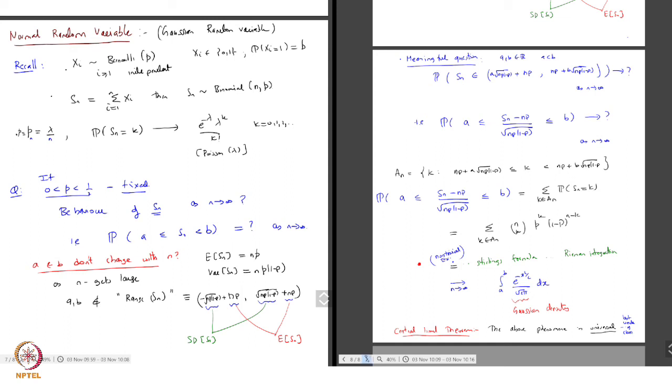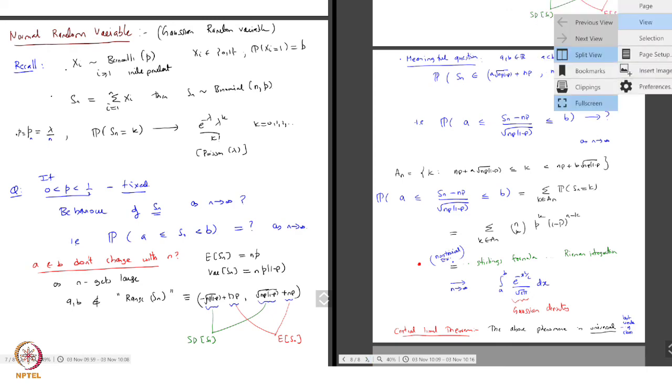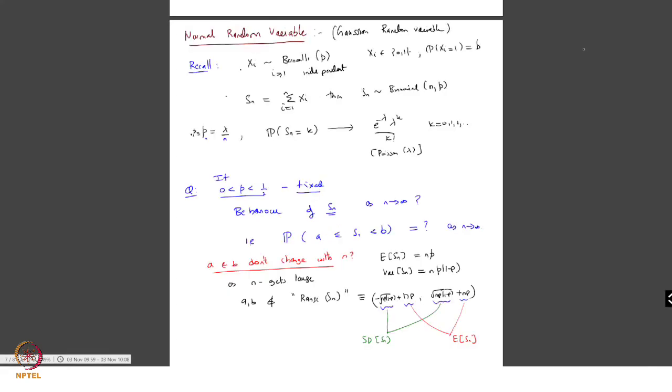Now let me go back and define the normal random variable for you. So here's the definition of our normal random variable.